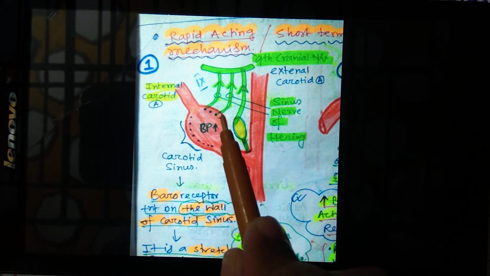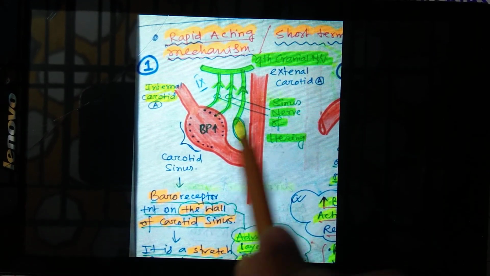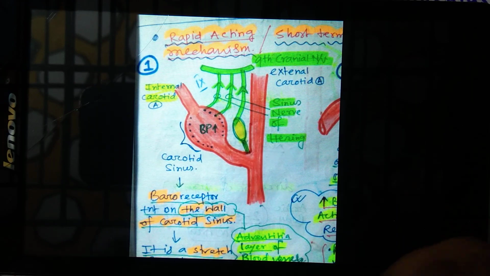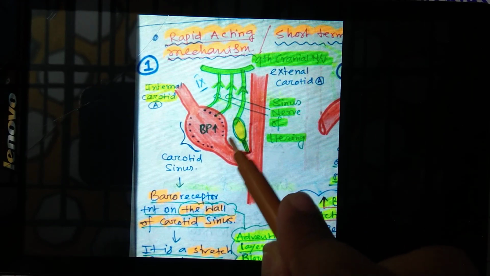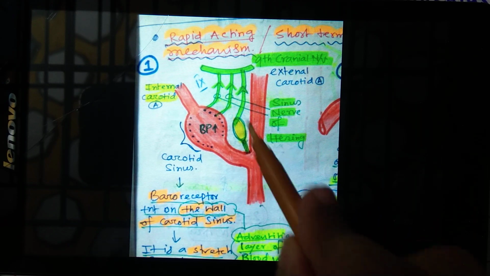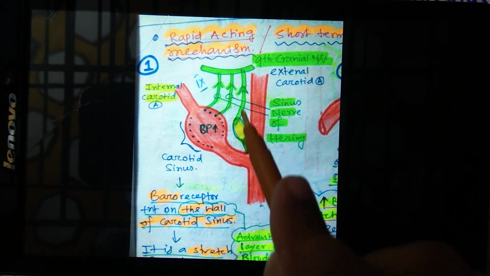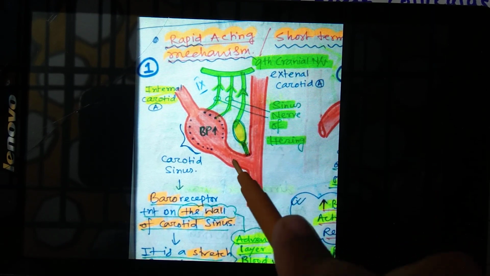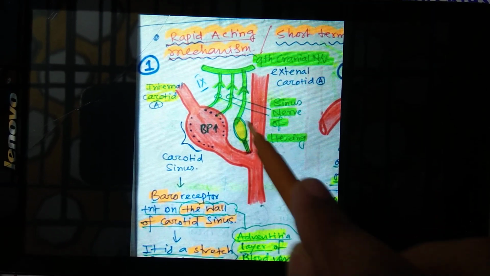And the carotid body. What is the function of the carotid body? It is related to chemical regulation. Both are chemoreceptors. It is the chemoreceptor for both respiration and blood pressure regulation.